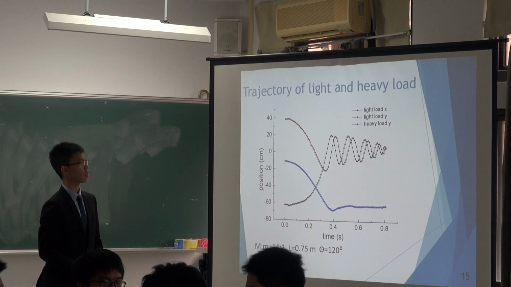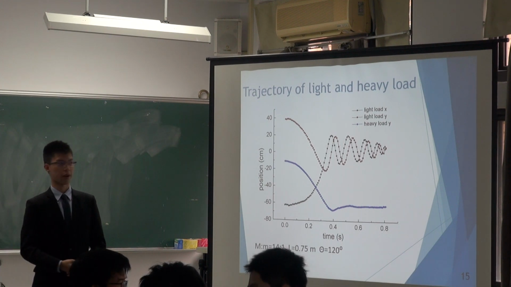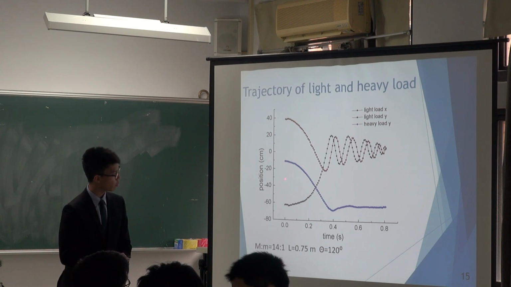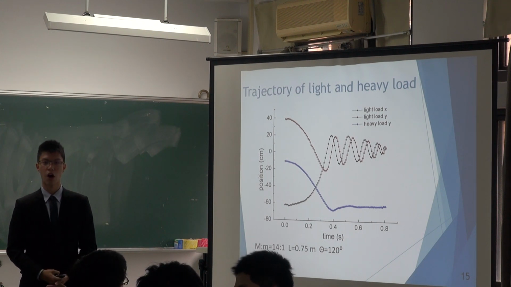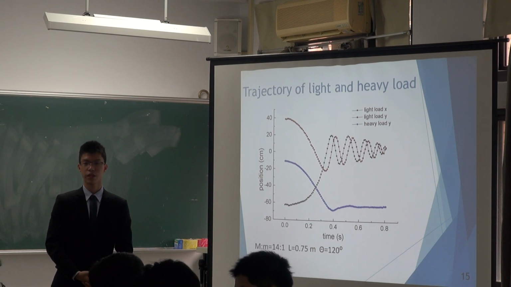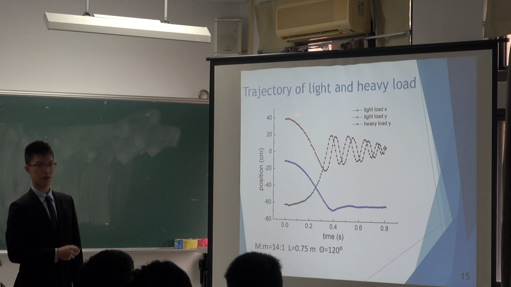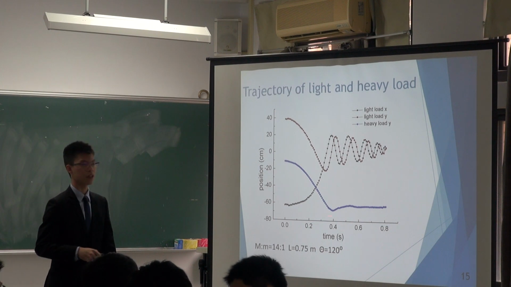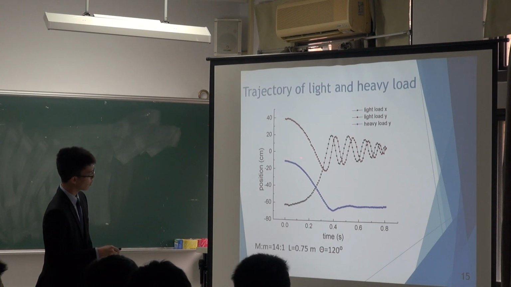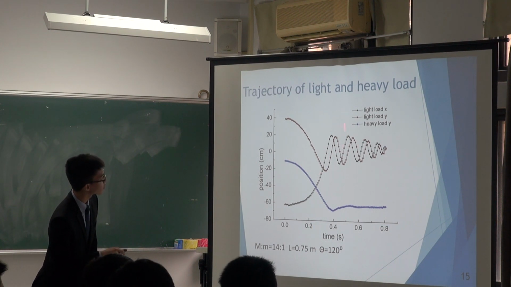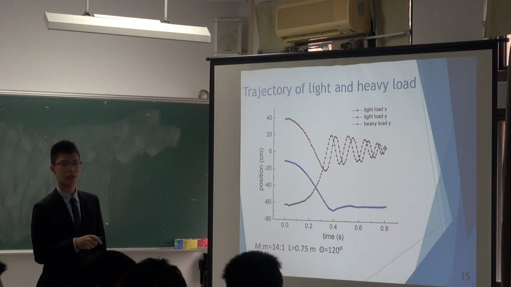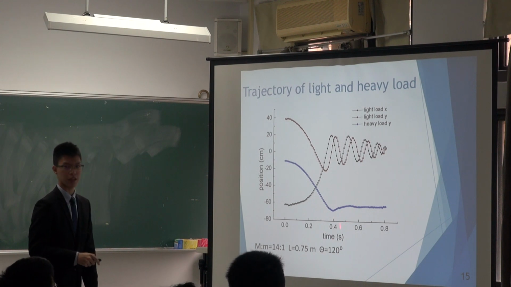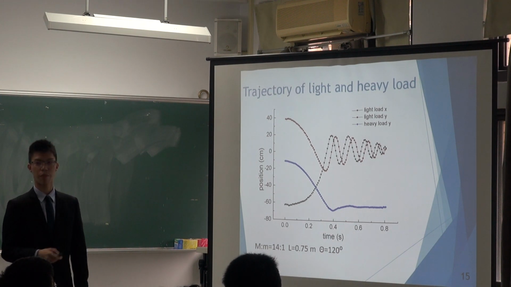Let's talk about the trajectory of the light load and heavy load respectively. As you can see here, the blue line is the trajectory of the heavy load's y coordinate. Basically at the very start of the motion, the heavy load begins to accelerate downward, and thereafter, while the rotation of the light load occurs, it starts to accelerate and then bounces back at the first stopping point.